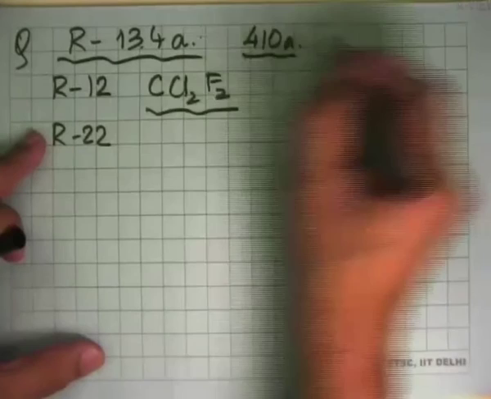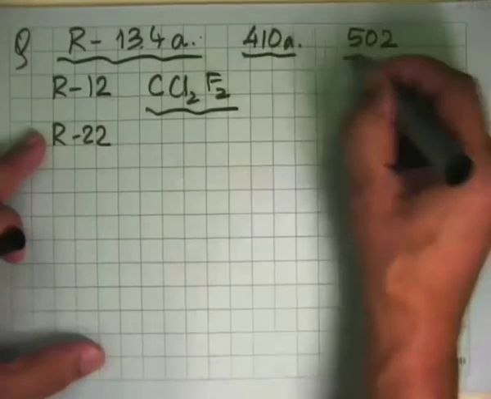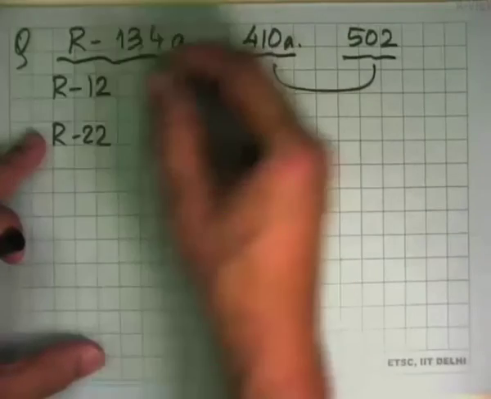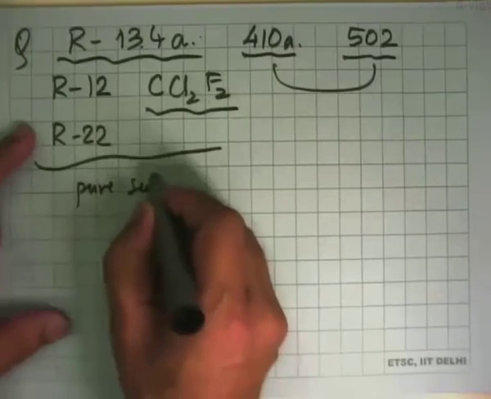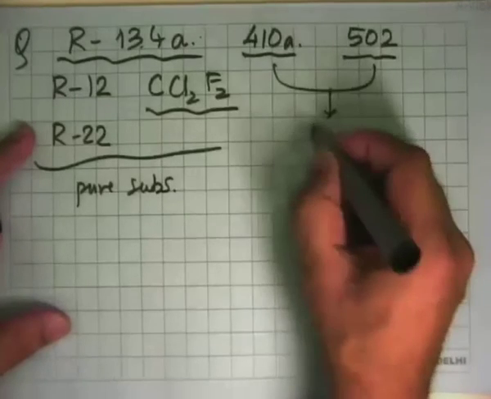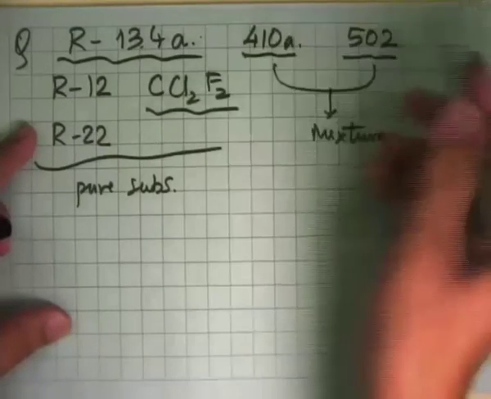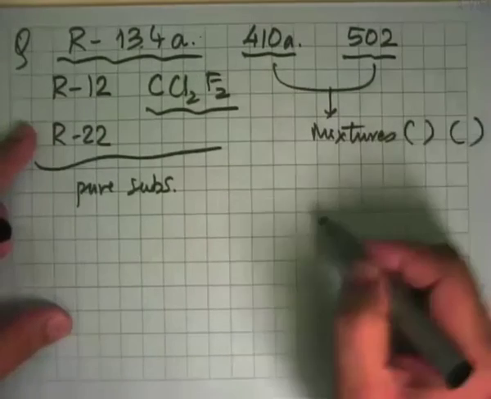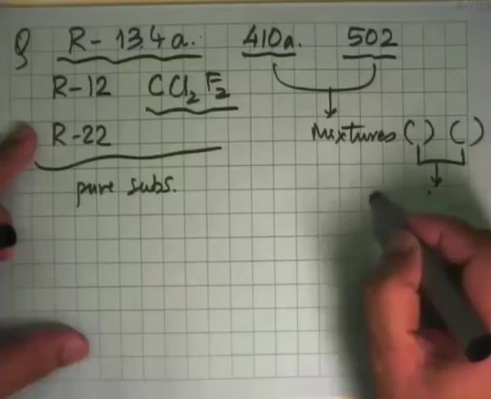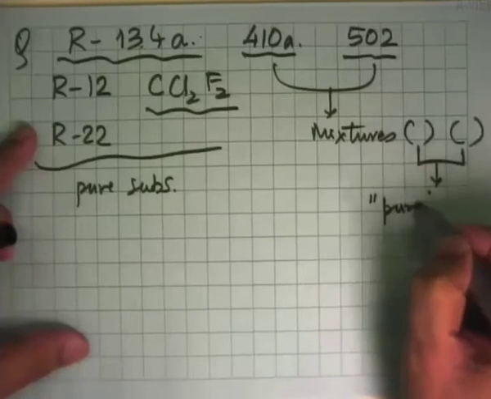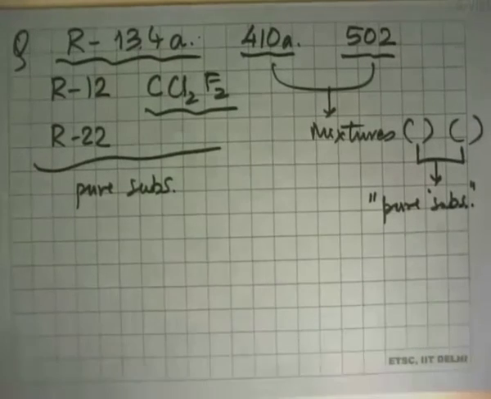The 400 and 500 series like R500 or R502 are slightly different, because all of these others are pure substances, whereas these are mixtures for which we have chosen two different molecules, mixed them in a certain way so that their property is sort of a pure substance.